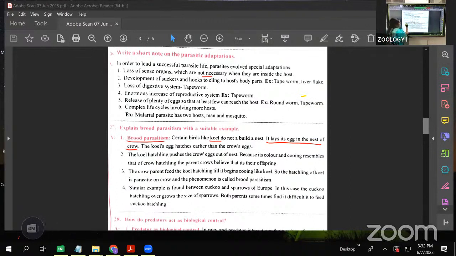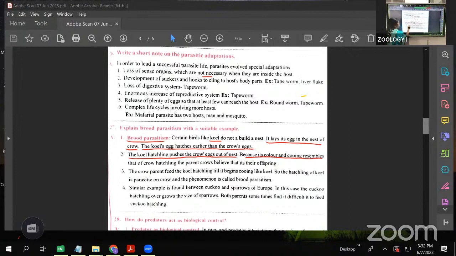And the koel eggs hatch earlier than the crow eggs. In that time, what will happen? Inside the nest, the koel eggs hatch earlier than the crow's eggs. Here, the koel hatchlings push the crow eggs out of the nest. They hatch first, and they throw out the crow's eggs, because the color and the cooing resemble.